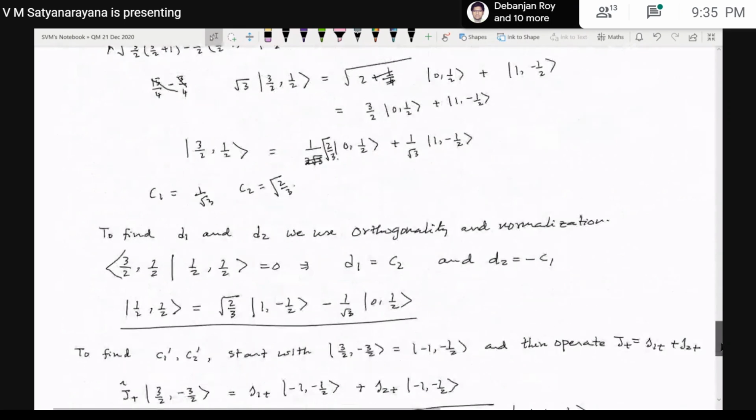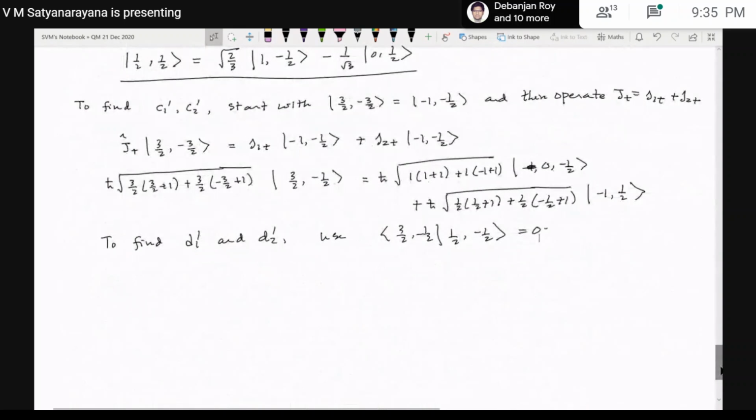Okay, so there are many interesting results, I mean, places where you require to use this. For example, let's consider some kind of a hydrogen atom problem, or any other atom problem.